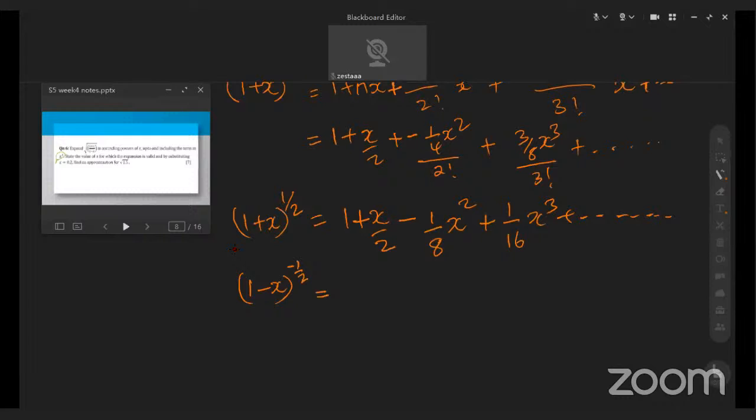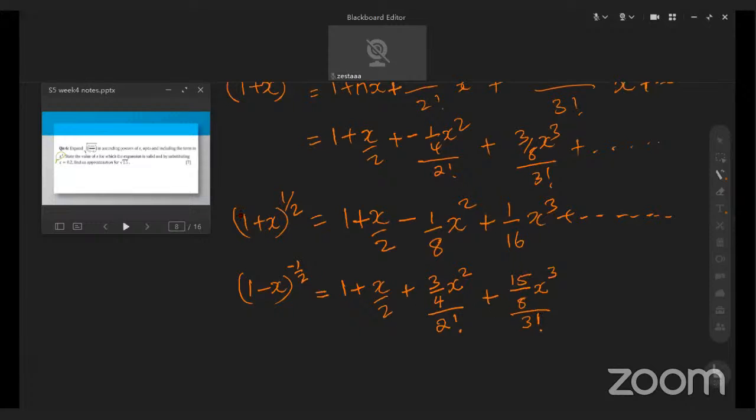We have 1 plus a half x, this is x over 2, plus 3 over 4 x squared over 2 factorial, plus 15 over 8 x cubed over 3 factorial. Okay.